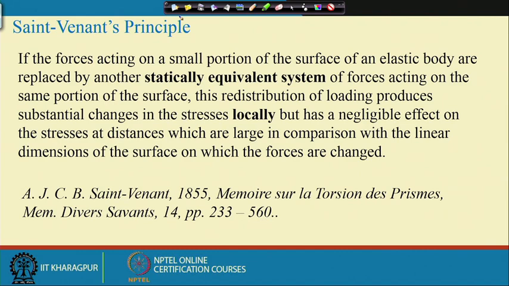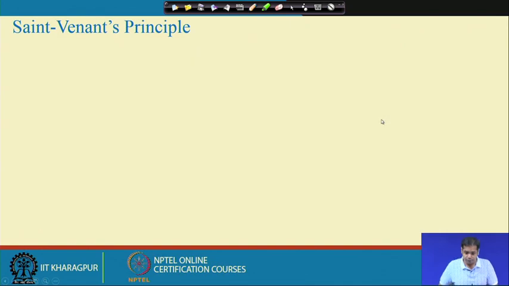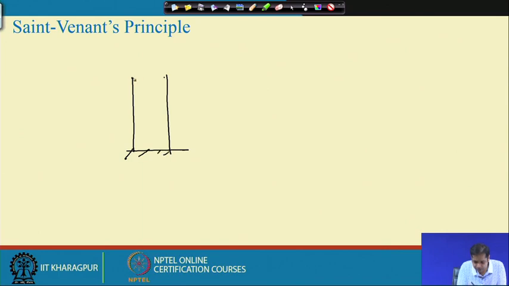Just to give you an example, quickly, suppose again the same thing, suppose you apply a load like this, suppose this load is P. Okay.